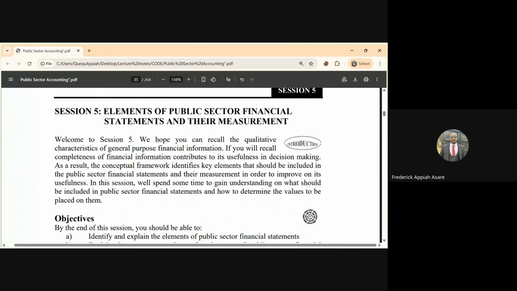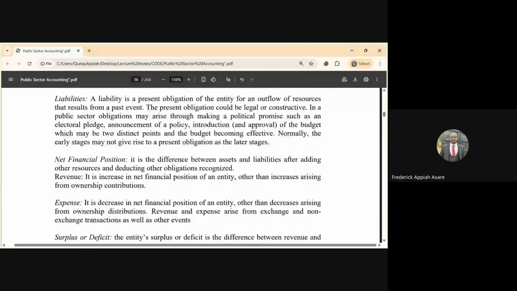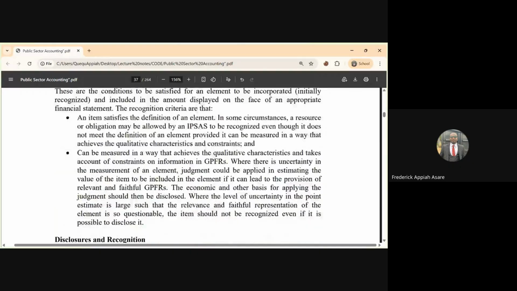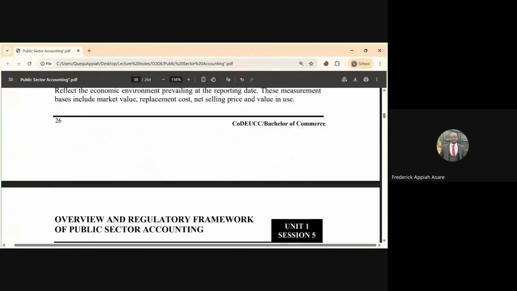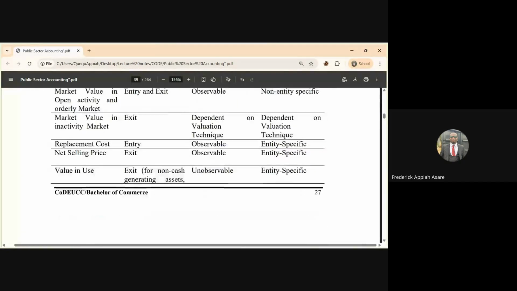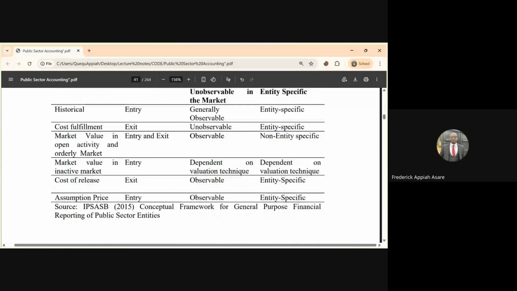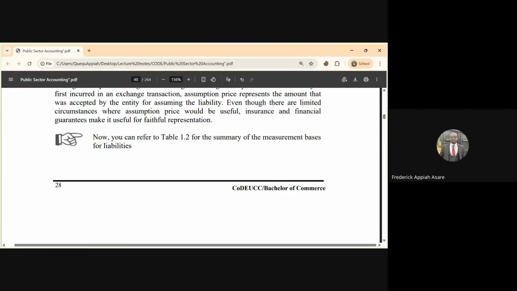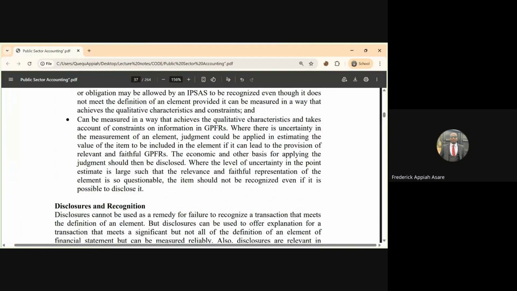Any question, please? If there is no question, let's move on to Unit 1, Section 5.